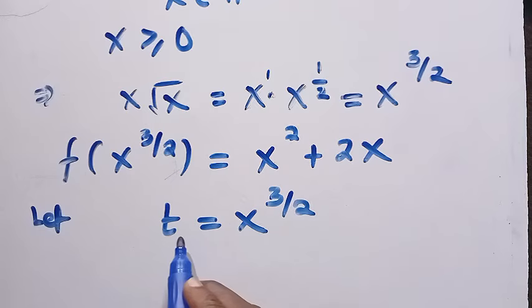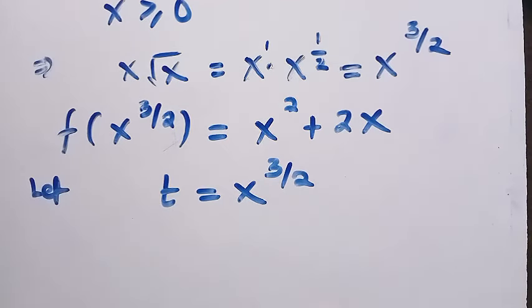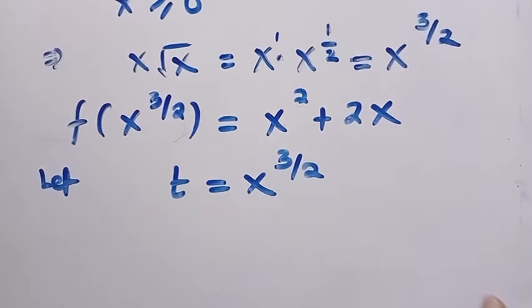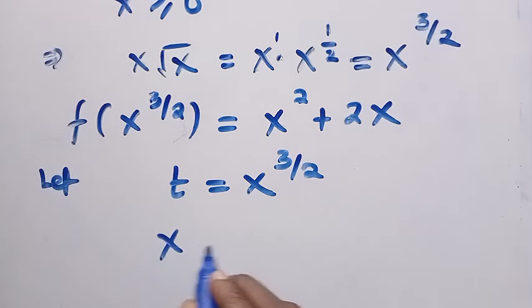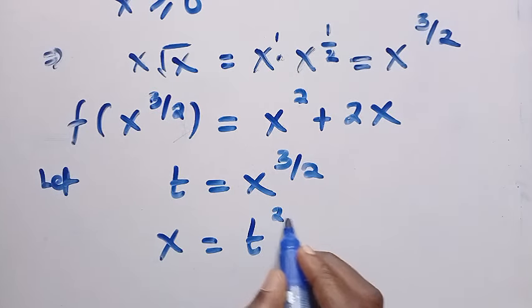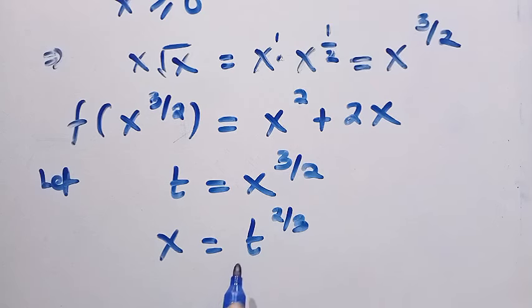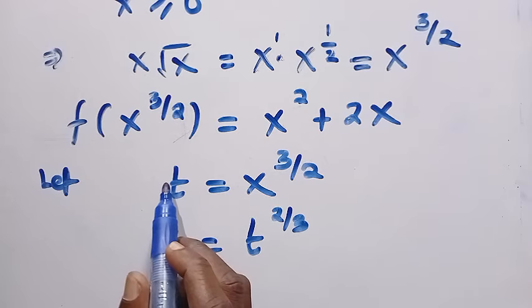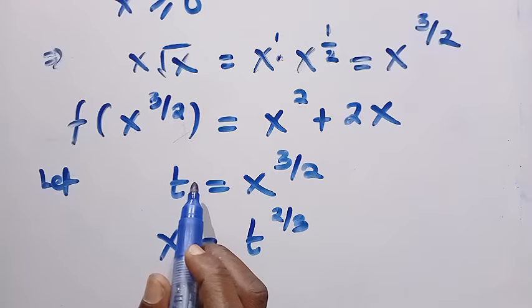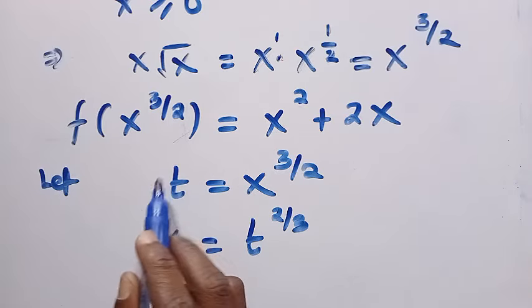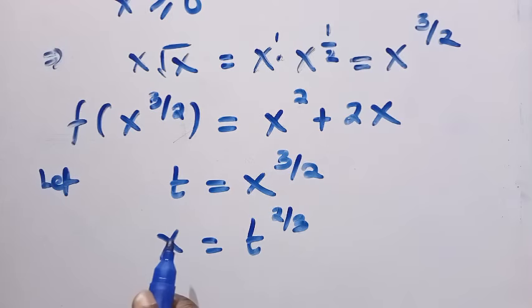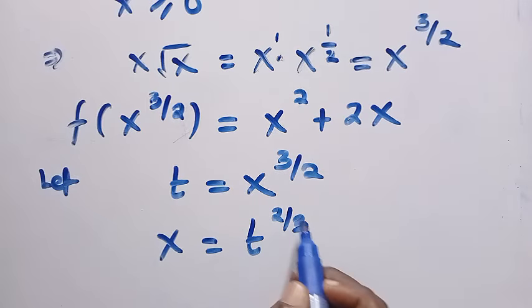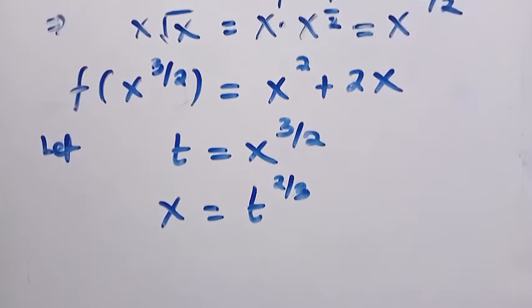Having t equals x raised to power 3 over 2, the value of x will be t raised to power of 2 over 3. How did I get this? We raise both sides to the power of 2 and also to the power of 1 divided by 3, so we get x equals t raised to power 2 divided by 3.